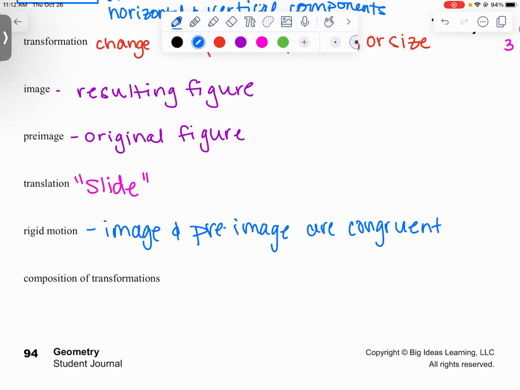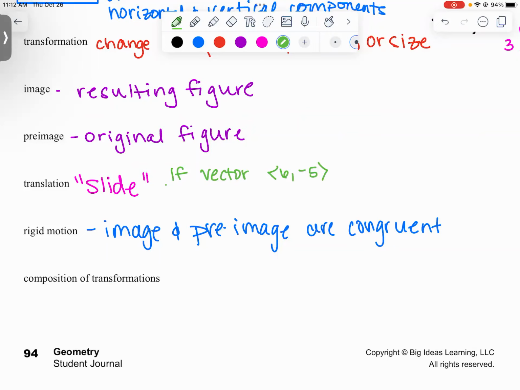Okay? So I could give you a vector and I could say, hey, we have the vector 6, -5.